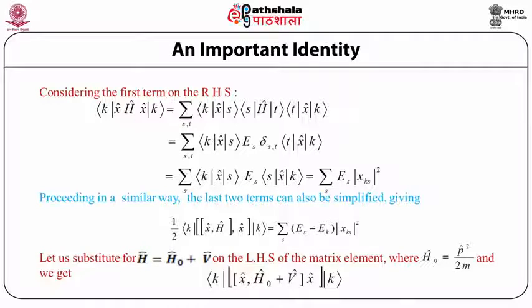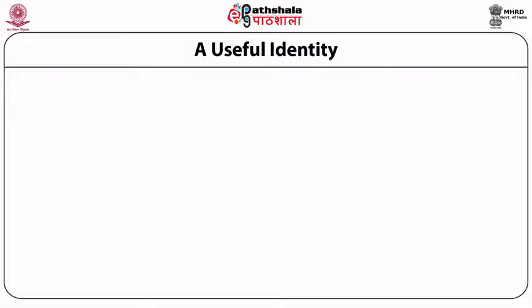Now if we substitute for the Hamiltonian operator H with operator H0 plus operator V on the left hand side of the matrix element, where we define operator H0 is equal to operator p square by 2m, then we get bra vector k, within brackets commutator of operator x and operator H0 plus operator V with operator x, ket vector k, a useful identity.